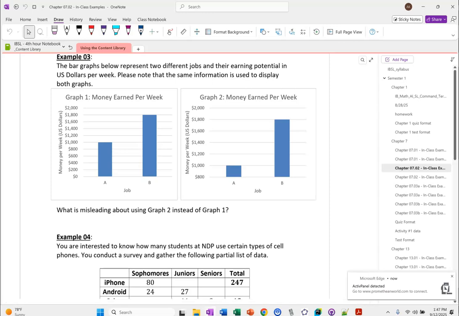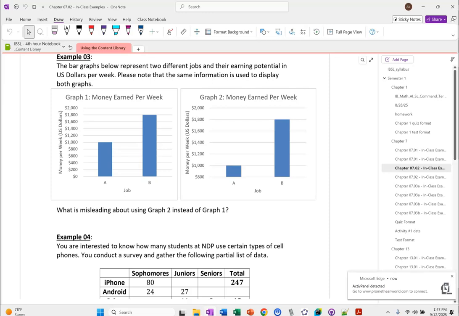Graph 2 makes it look like there's a lot less, but it's really only a slight difference. The range numbers are different as well. What do you mean by the ranges are different, Nicole? On the second one, it's too broad of a gap between the two. It's not as specific. Okay, can you be more numeric?